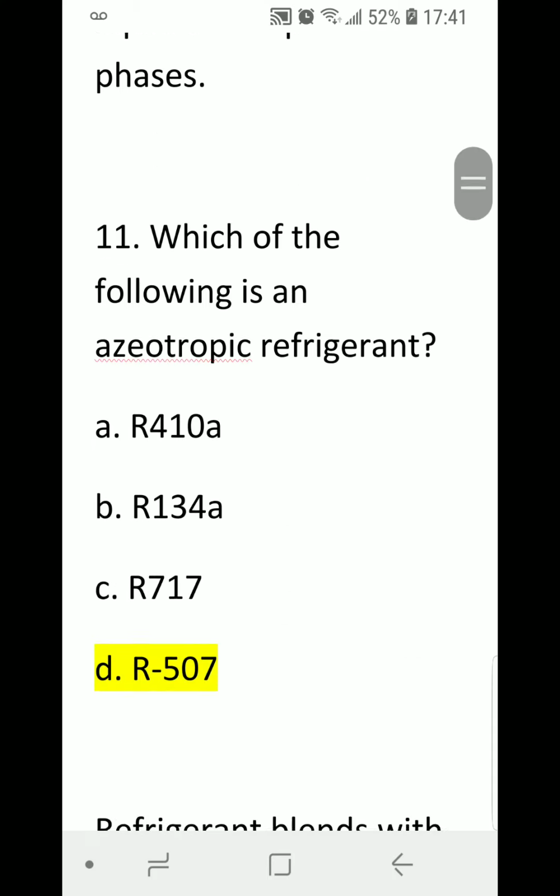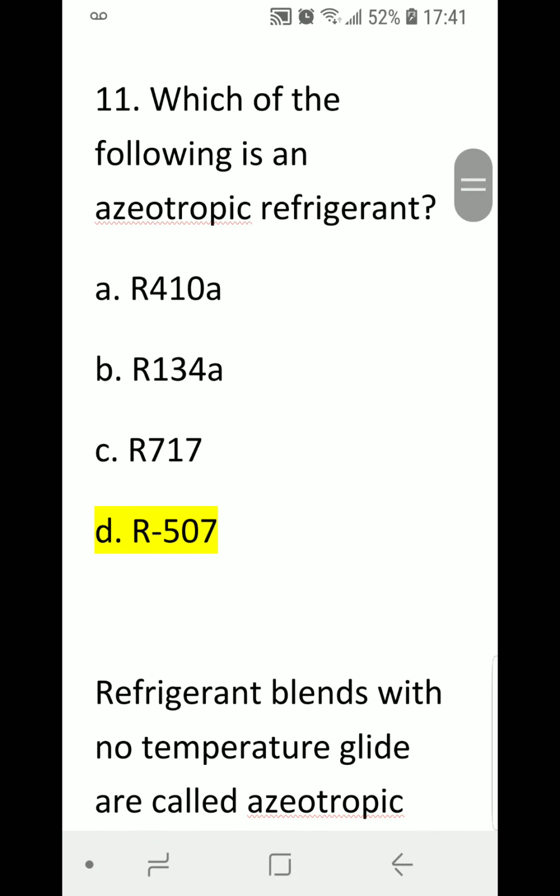Number 11. Which of the following is an azeotropic refrigerant? A. R410A, B. R134A, C. R717, D. R507. Correct answer is D, R507.